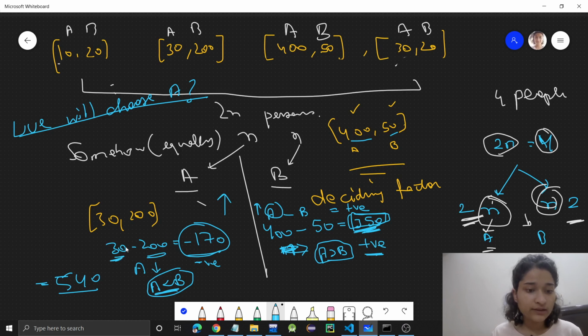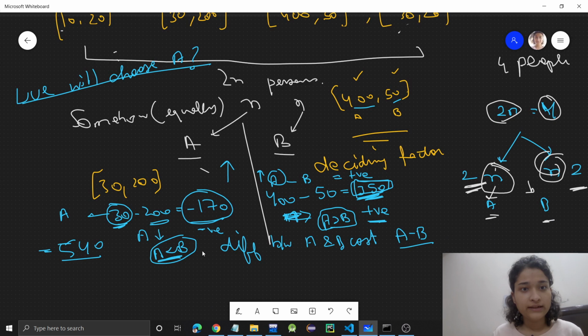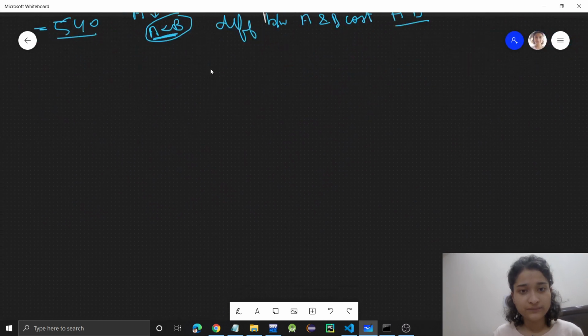So obviously there is a benefit of choosing A, right? So in that case, we will choose A. So what we will do, we will find out the difference between A and B cost, A minus B. So let's find out A minus B here.